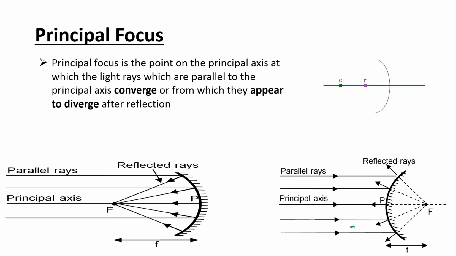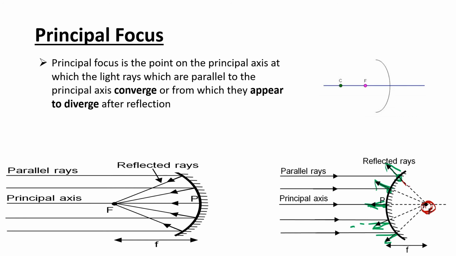After striking the mirror at this point, let this be the point for ray 1, it is reflecting in this way. Ray 2 is reflecting in this way. Ray 3 in this way. Ray 4, ray 5.